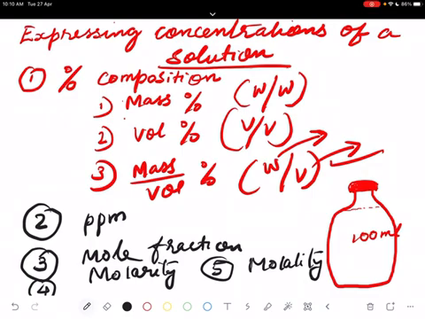So the first one is mass percent. How to find out the mass percent?